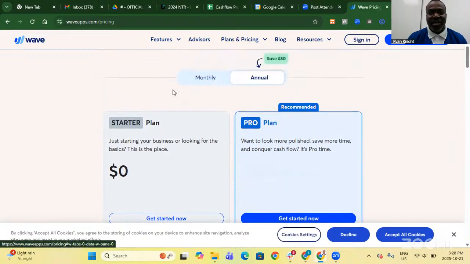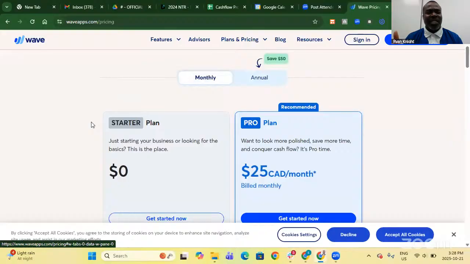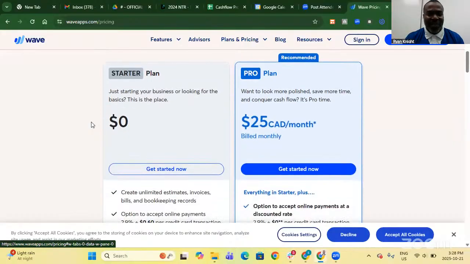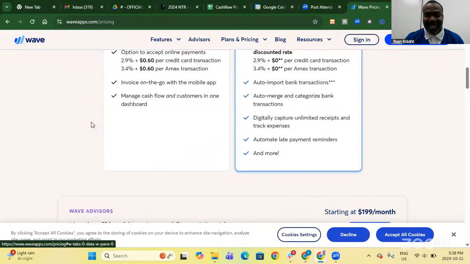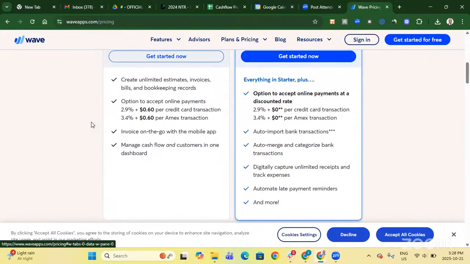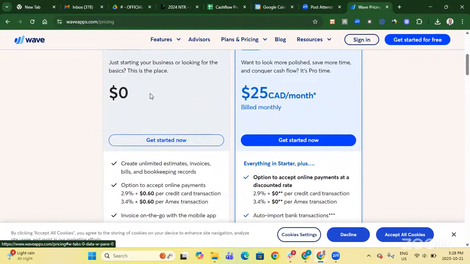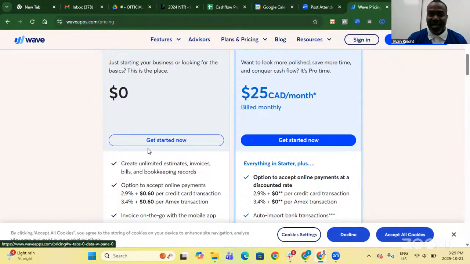But if you wanted to connect your bank account, I think you have to pay for that. Before it was free. If you want to email invoices directly through the platform, I think that's an additional fee now, but it's still worth it. I think $25 a month is definitely still cheaper than QuickBooks. Yeah, I agree with that. You only have to bump up when you need some additional stuff.